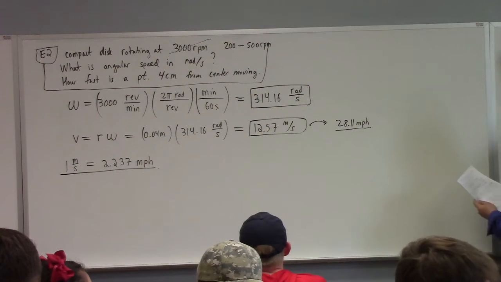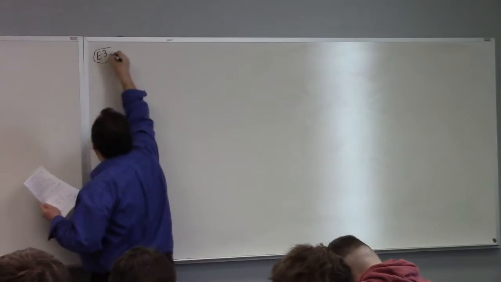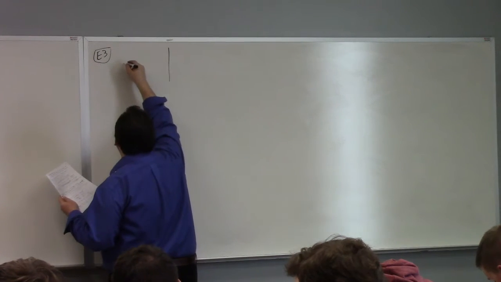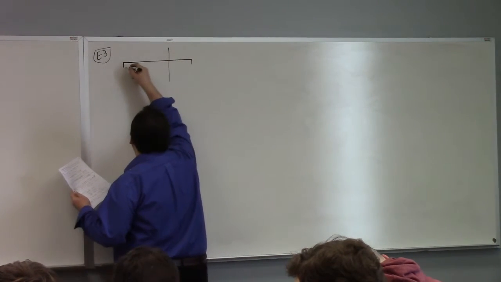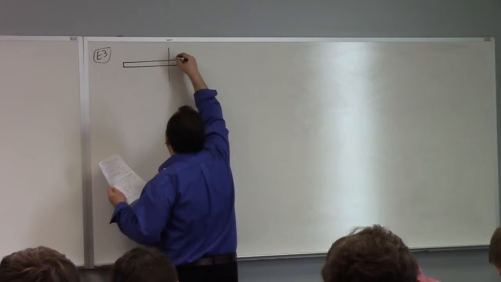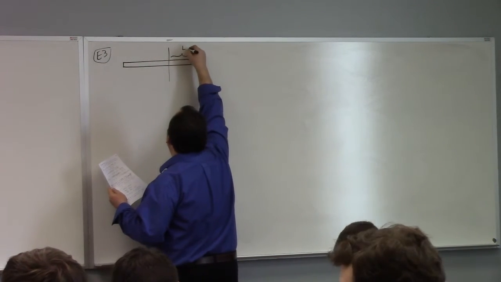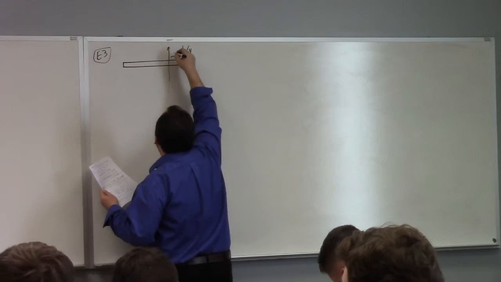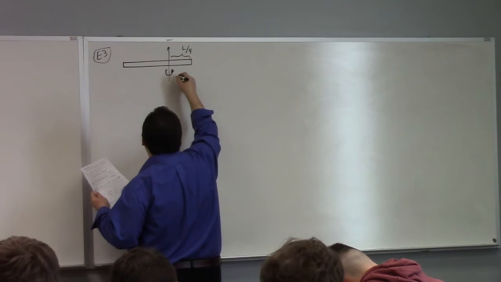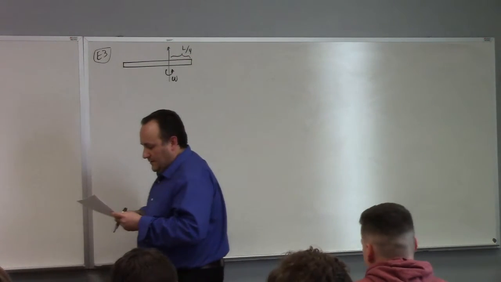Example 3. Suppose you've got a rod that's like this. So you have a rod of mass m, and it's rotating around a point 25% from one end at angular velocity omega.